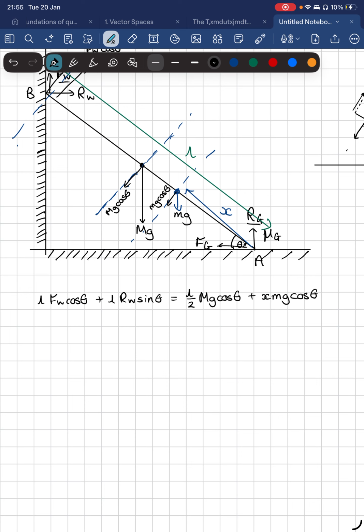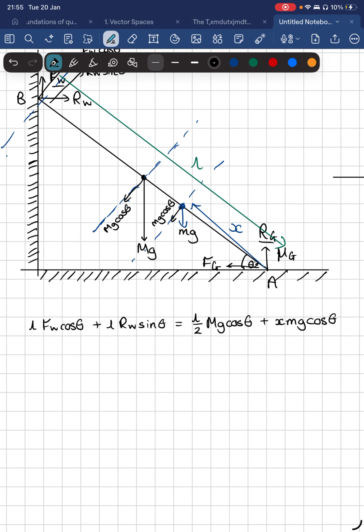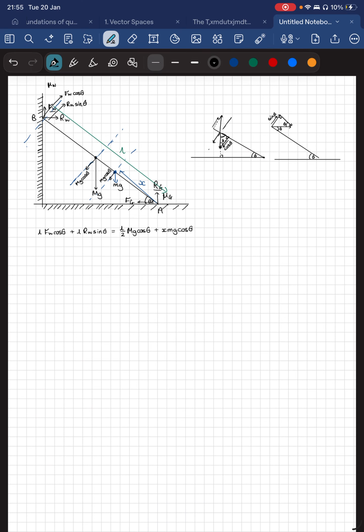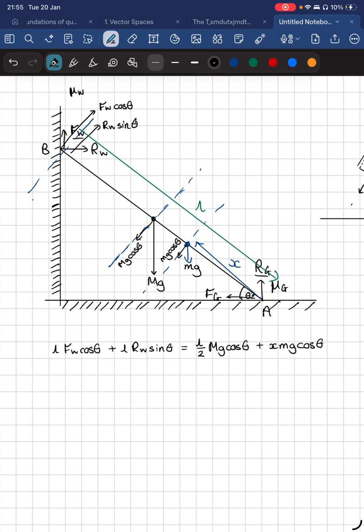So there we go. This now constrains the motion. So solving this for x is all that we are asked to do. But obviously we have a lot of variables in here so far, so we have to start eliminating them, which is the next part we'll come on to. But immediately, just in terms of this algebra, there's a bit of a step we can take because we know it's in limiting equilibrium against the wall's rough surface and the ground's rough surface. So we know in general we must have that Fw is equal to mu w rw and Fg, which we haven't used in this because we've taken A as the pivot, is equal to mu g rg.